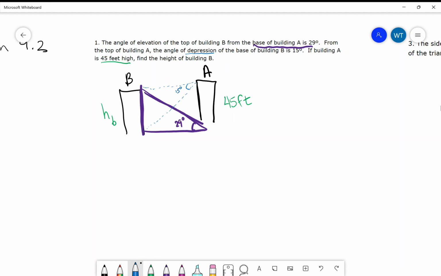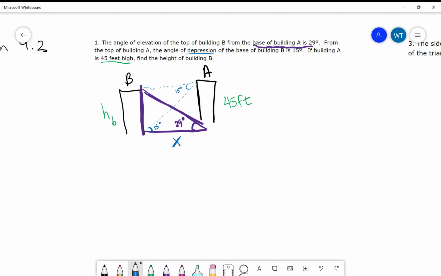And because we know this and this are 90 degrees, and these are parallel, we know this has to be the same, so that's going to be 15 degrees as well. And then we have to figure out x as well, because that's something important within the whole situation. This is similar to Progress Check 3 in 9.1, I think it was.